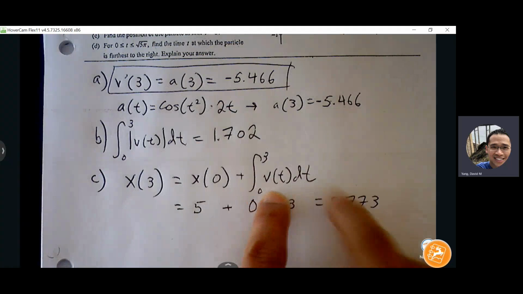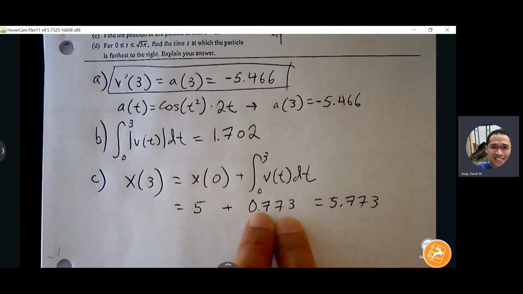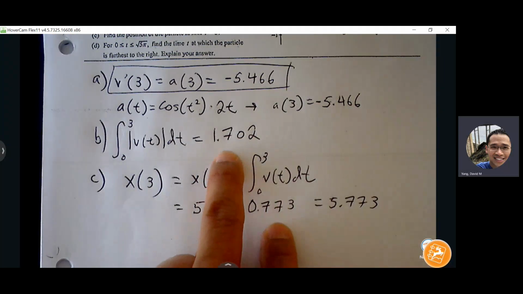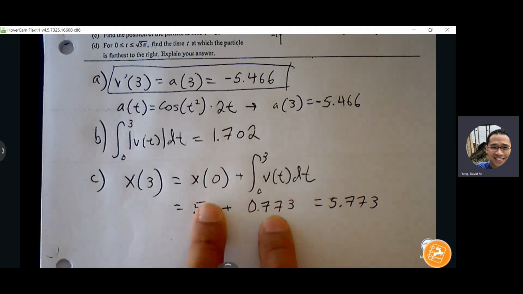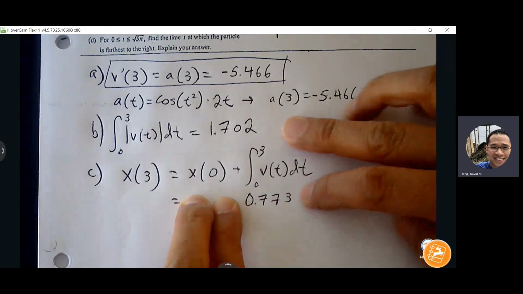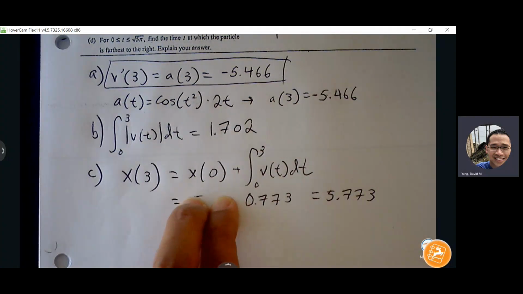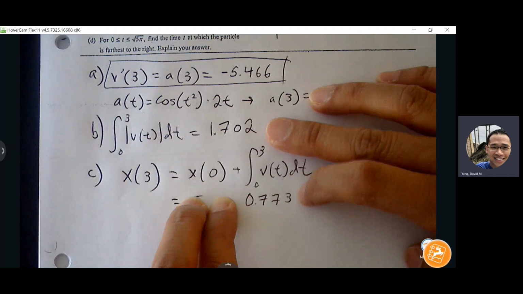This time, displacement is without the absolute value bars. Now, I just want to point something out here. The total distance is different than the displacement. What does that tell you about this particle? Yeah, it does change direction. If this object never changes direction, it's only going either to the right or to the left, so these values will always be the same.